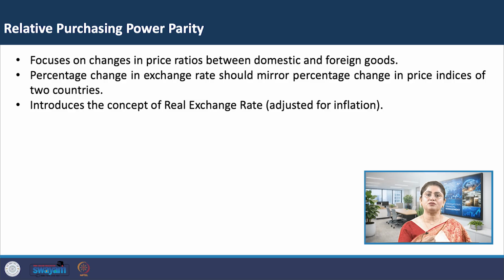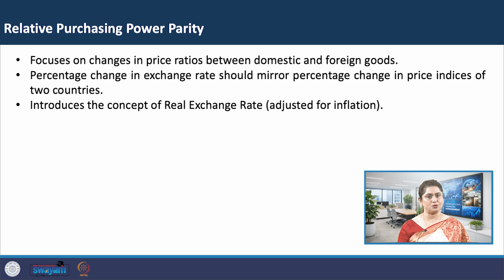For example, suppose inflation in India is 8%, while inflation in US is 3%. Indian goods are becoming more expensive more quickly than American goods. Over time, the rupee should depreciate by roughly 5% against the dollar to maintain purchasing power differences.